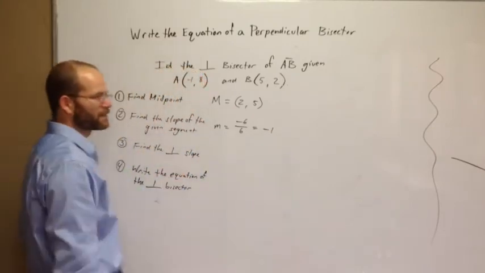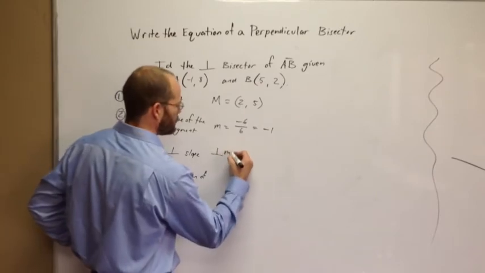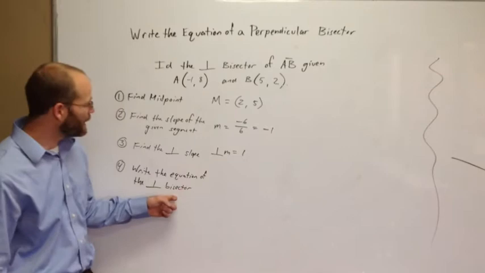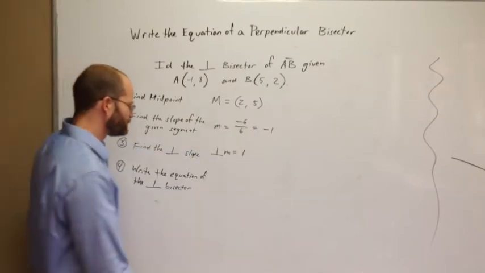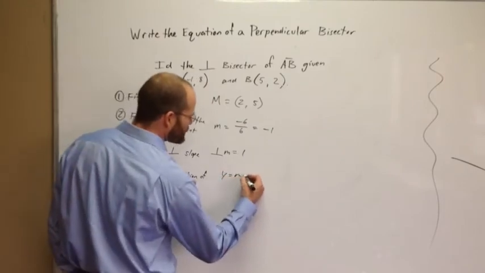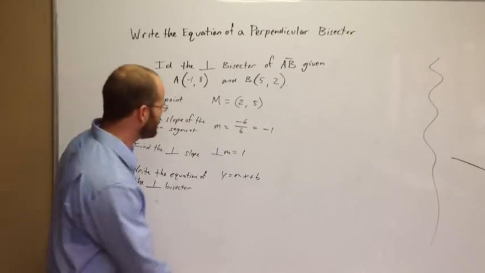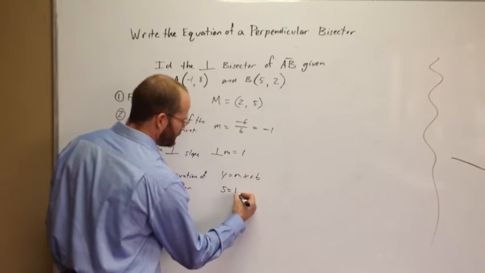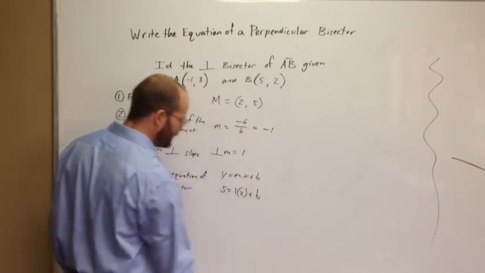Find the perpendicular slope. The opposite reciprocal of negative 1 is positive 1. Now, write the equation of the perpendicular bisector using the slope we just identified and the coordinates of the midpoint. Again, one way to do this is to use the form y equals mx plus b. You could use point-slope form, that'd be perfectly fine. So y in this case we have a 5, slope is 1, x is 2, plus b.